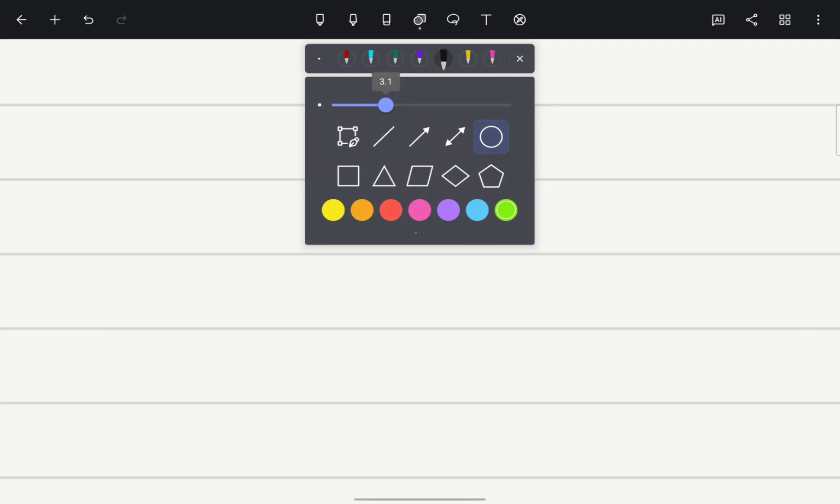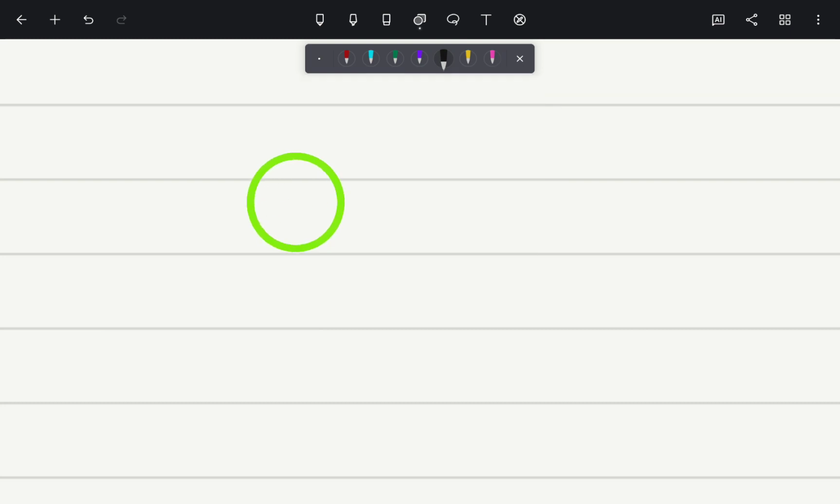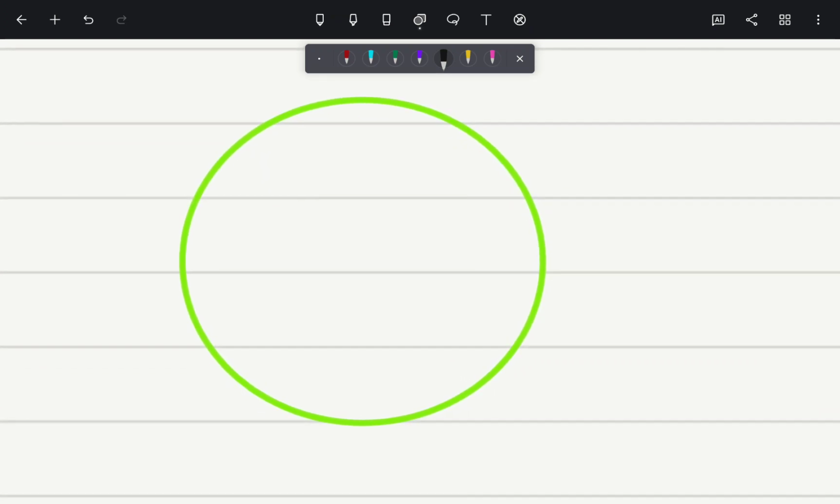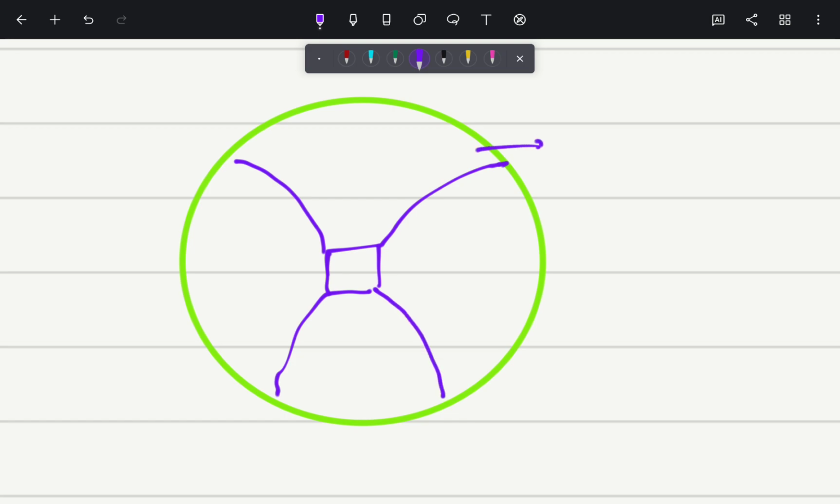Let's draw a small diagram here. This is your skull, and this skull is divided into three fossae. The fossa in the front is called your anterior cranial fossa, this one is your middle cranial fossa, and the fossa at the back is your posterior cranial fossa.